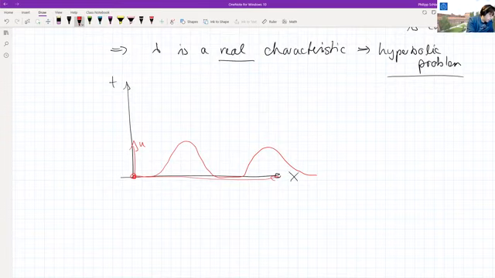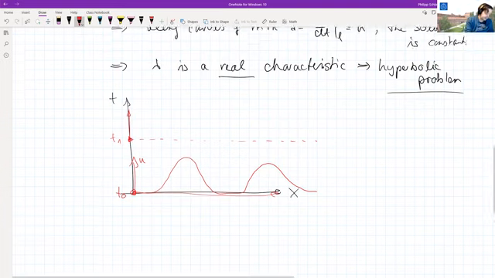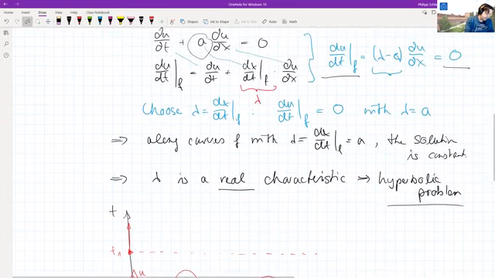Now I would like to draw the same solution but at a later time, t1 for instance. So if this is t0, I will go to t1, and I would also like to draw it in this space-time diagram. Now, how would this solution look like? Well, we have just discussed that the main idea of the advection equation is that along curves f with this specific slope, the solution is constant.